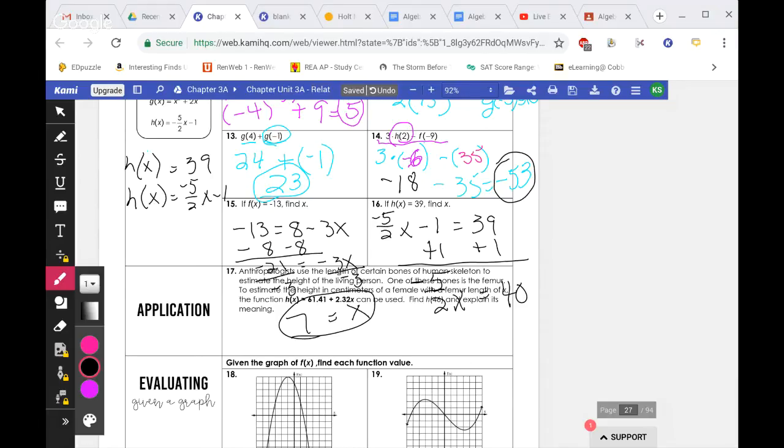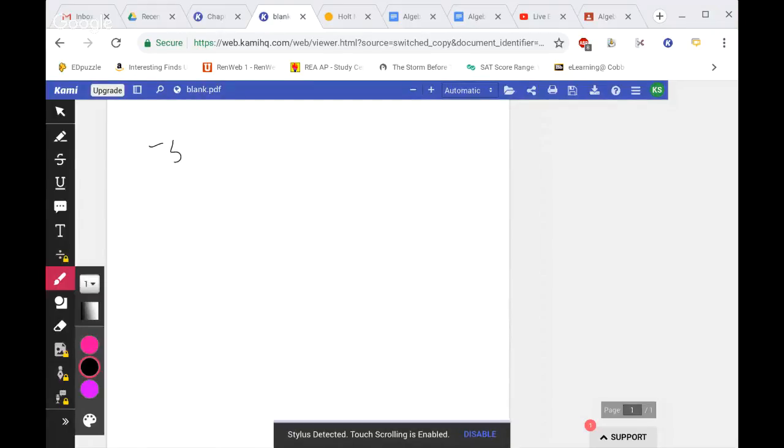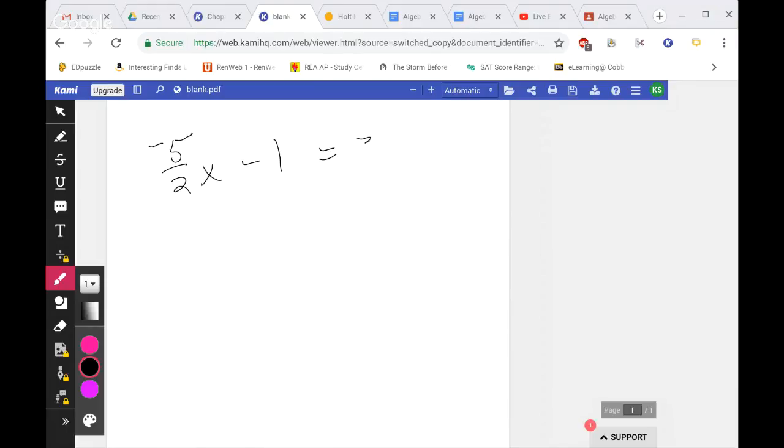And now we can multiply by the reciprocal, which is negative 2/5. It's not going to work because I'm going to run out of room over here, so y'all aren't going to be able to see that very good. So I'm going to do this. Negative 5 halves x minus 1 equals 39.